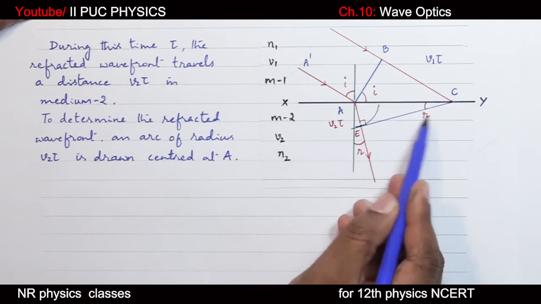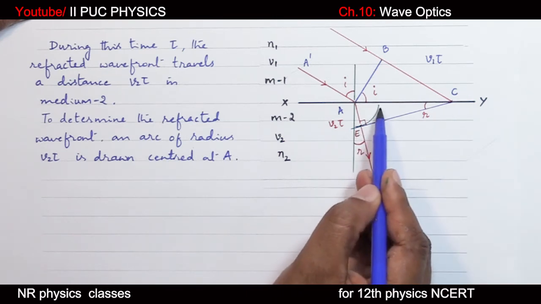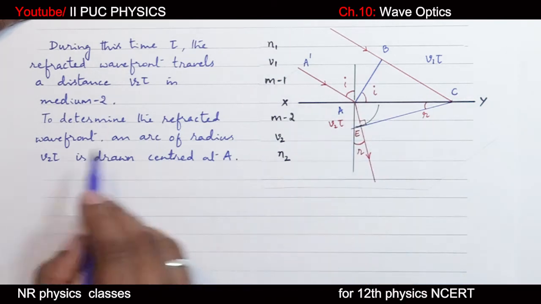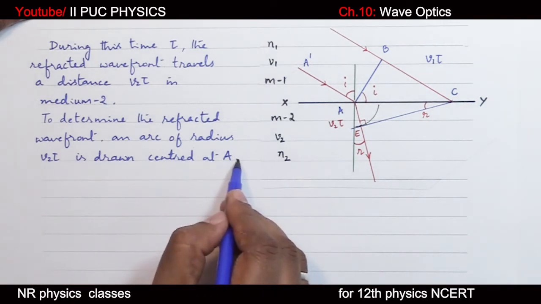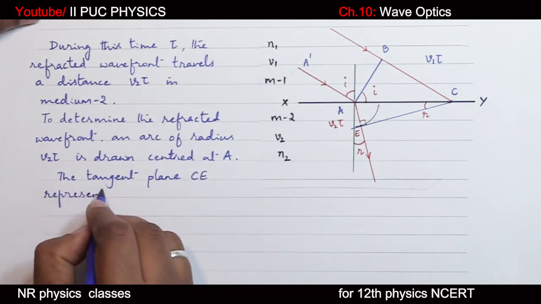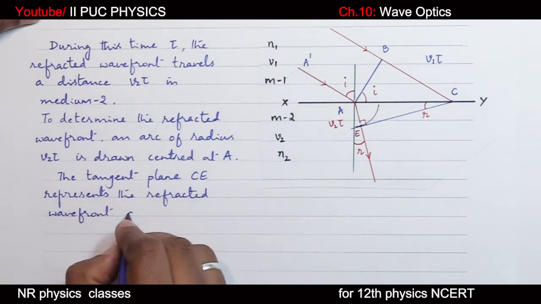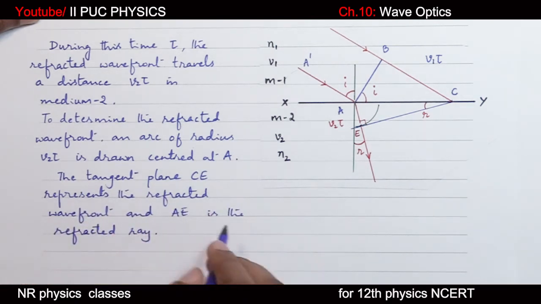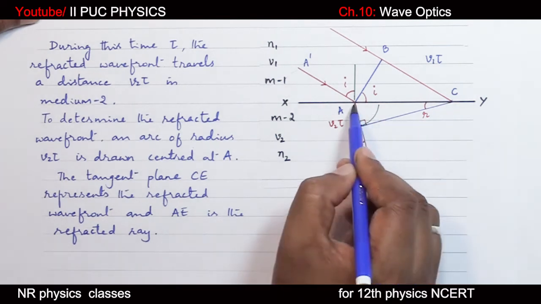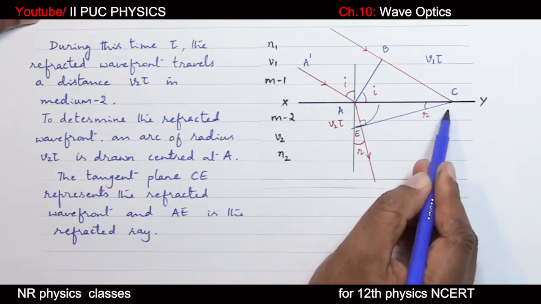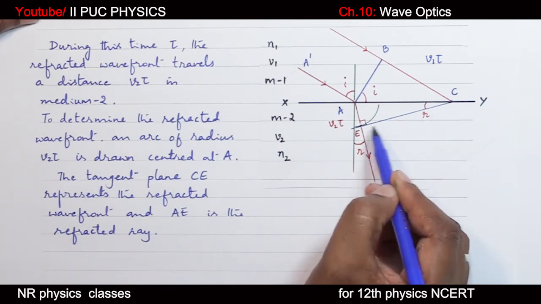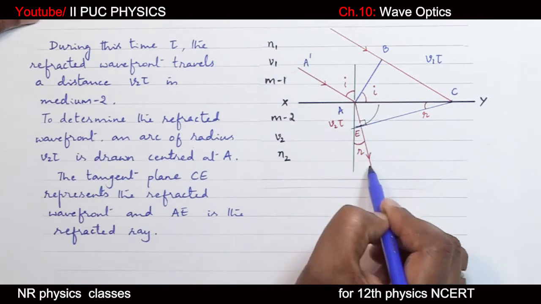To determine this wavefront CE, an arc is drawn. What should be the radius of the arc? V2 tau, centered at A. The tangent plane CE represents the refracted wavefront and AE represents the refracted ray.